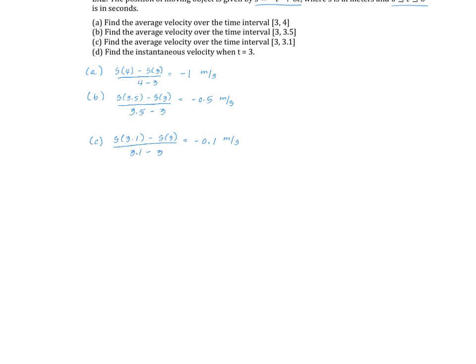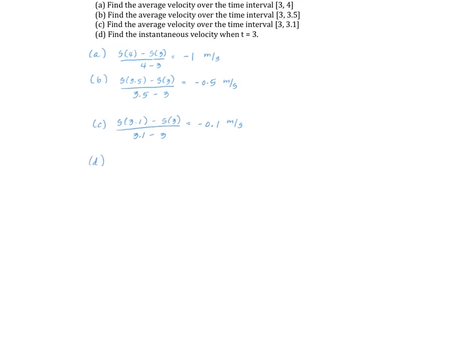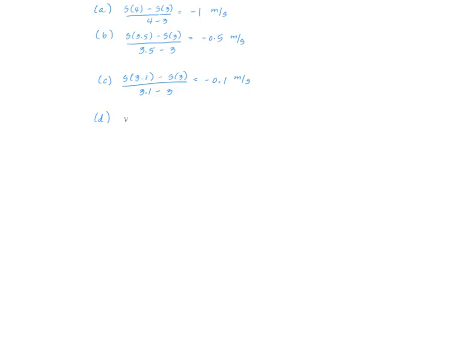Okay, so finding the instantaneous velocity, that's just the derivative. So the instantaneous velocity is going to be the derivative of our function s, and that's just equal to negative 2t plus 6. So we want to find the instantaneous velocity when t is equal to 3.